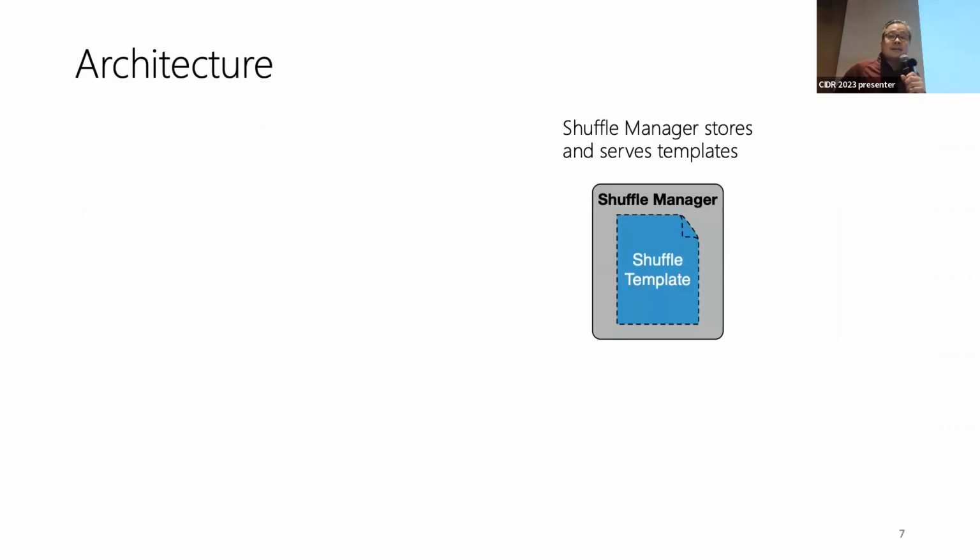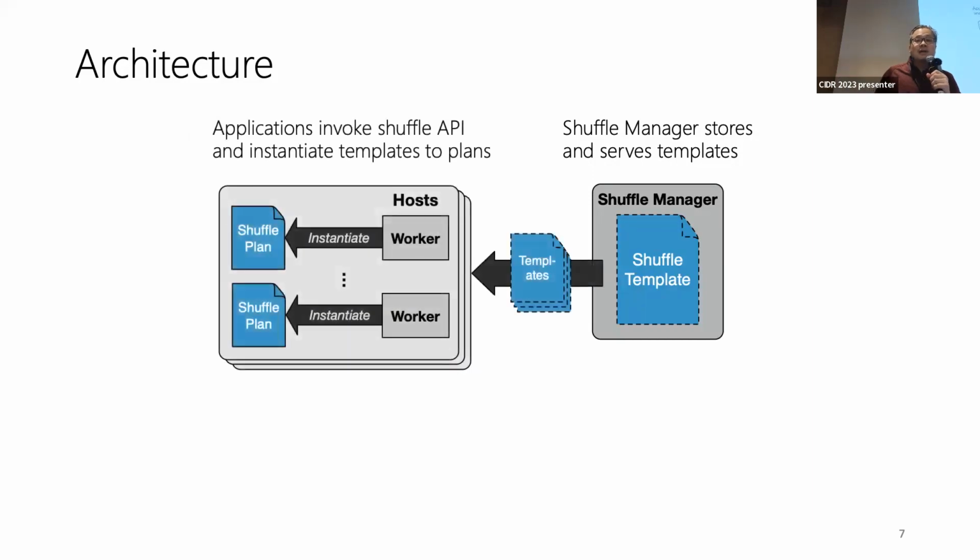Now, here's the architecture. There is a shuffle manager in TeShu, and it's deployed as a service. It stores a number of these shuffle templates and coordinates the shuffle invocations. During job execution, the application will invoke the shuffle API, typically using some form of RPC request in order to get these templates.